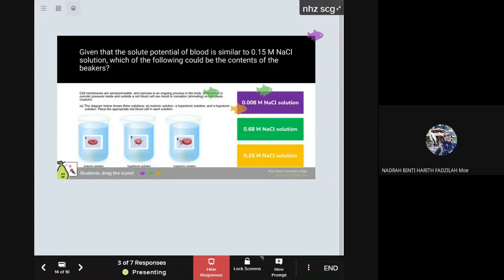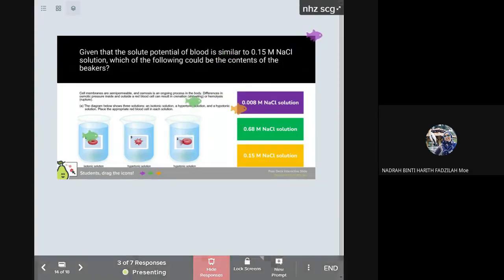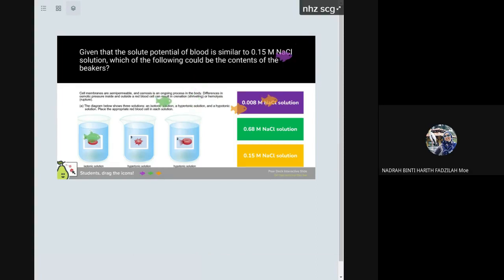Dia dah bagi clue kat situ. Solute potential of blood is similar to 0.15 molar NaCl solution. Okay, so which one shows that it is an isotonic solution?